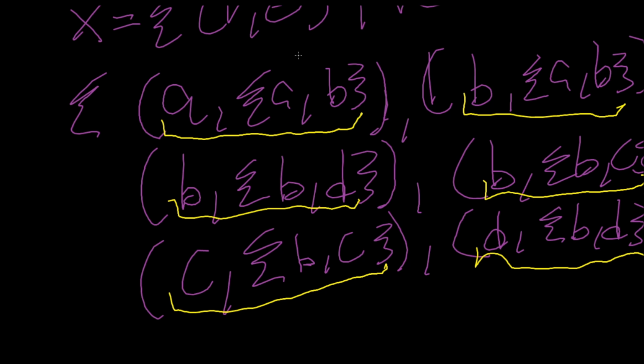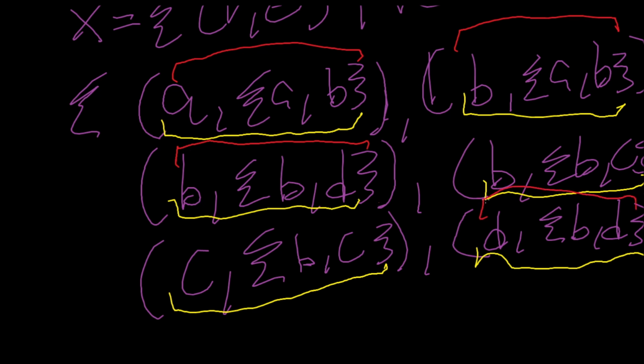Say we have the edge AB, which is connected to A, and AB is also connected to B. The edge BD is connected to B, and the edge BD is also connected to D. The edge BC is connected to B, and the edge BC is also connected to C.